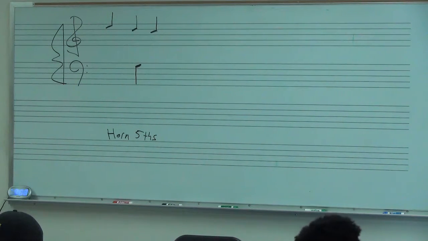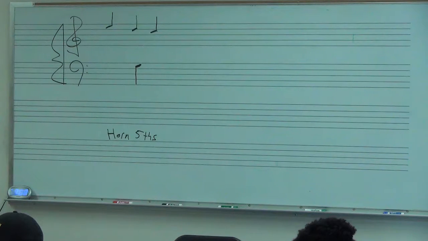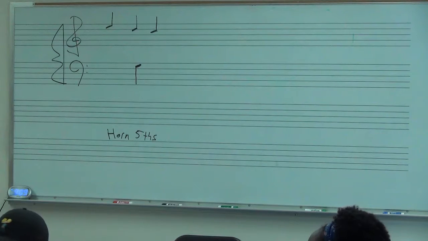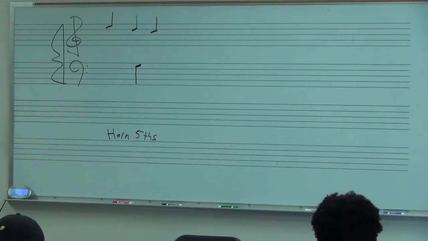In the olden times, back in the 50s, the horns didn't have valves. They were just natural horns. And so they only played the harmonics of the length of the pipe.